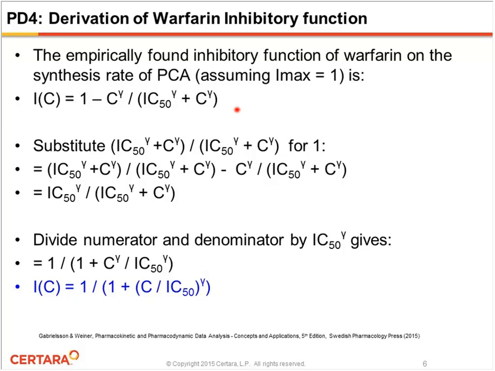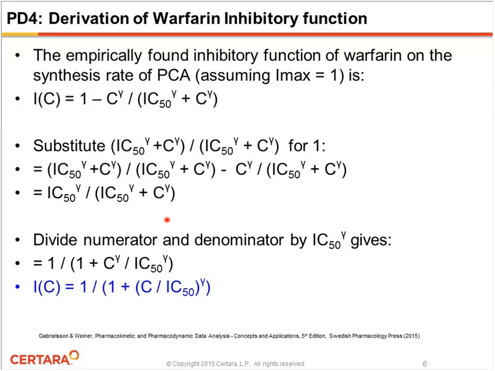If we then substitute IC50 to the gamma plus C to the gamma over IC50 to the gamma plus C to the gamma for 1, we get a subtraction with two like denominators. So the concentration terms cancel out, and we're left with IC50 to the gamma divided by IC50 to the gamma plus C to the gamma.